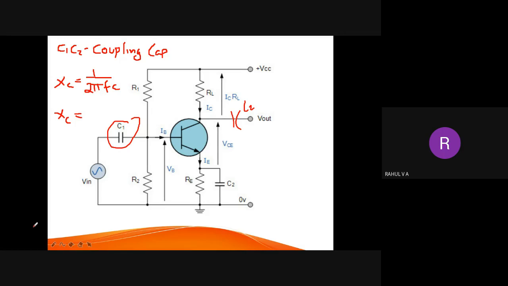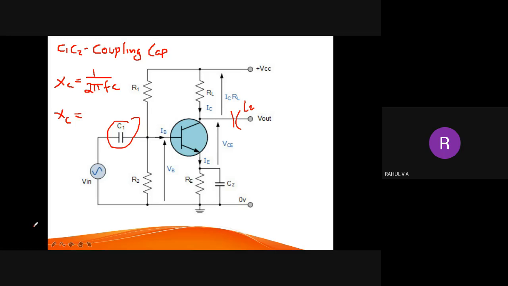If the frequency of your input signal is more, what will be the reactance value? Because the frequency term is in the denominator. As per your equation, Xc is equal to 1 by 2 pi Fc.